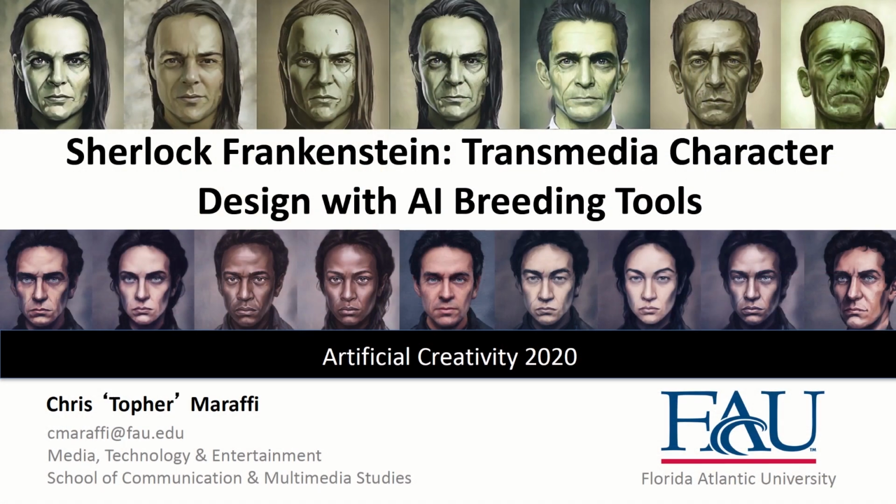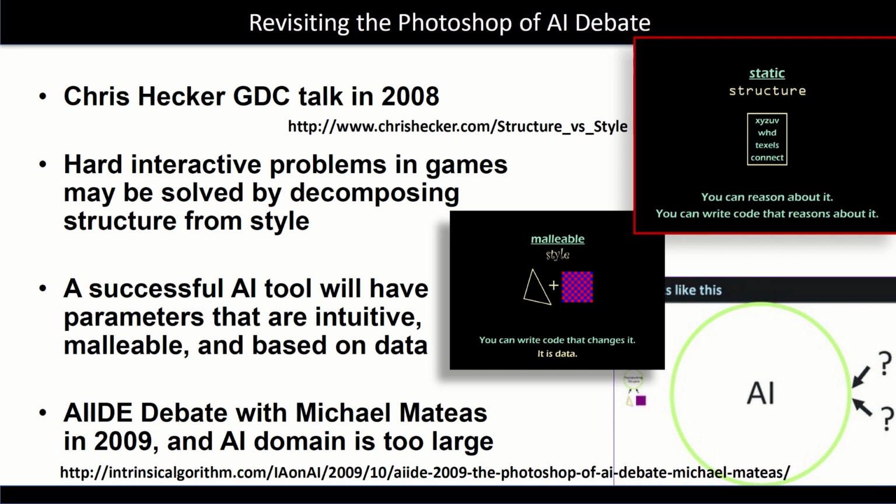To begin with, I would like to revisit Chris Hecker's Game Developers Convention talk in 2008, where he proposed a Photoshop of AI. In his talk, he said that hard interactive problems in games may be solved by decomposing structure from style, and that a successful AI tool will have parameters that are intuitive, malleable, and based on data.